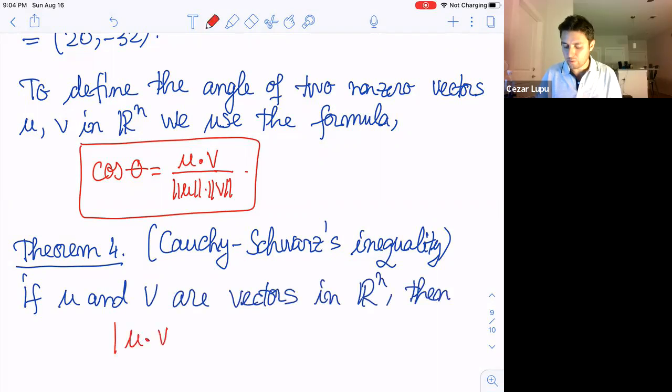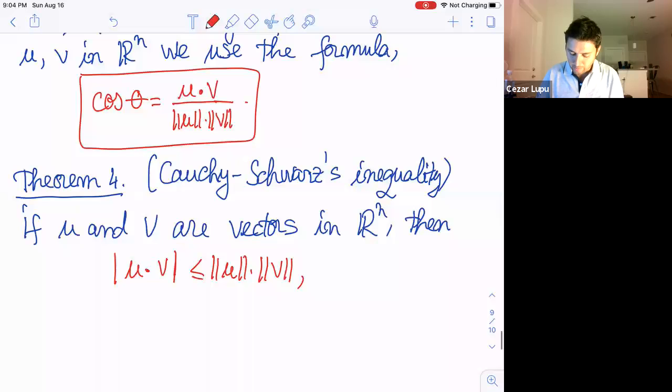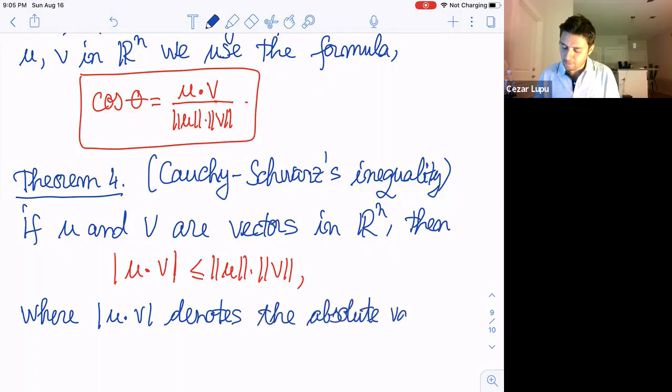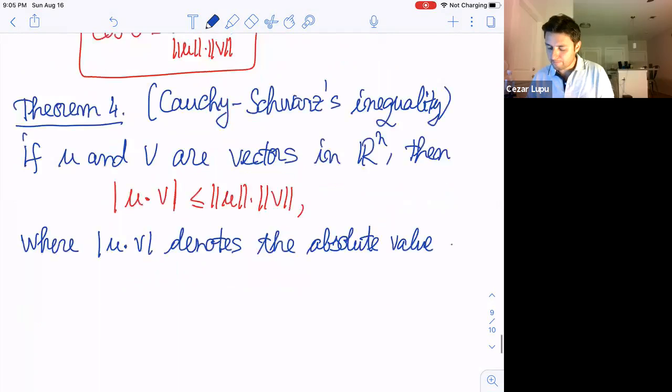The absolute value of u dot v will be less or equal than the magnitude of u times the magnitude of v, where this denotes the absolute value of the dot product, u dot v.